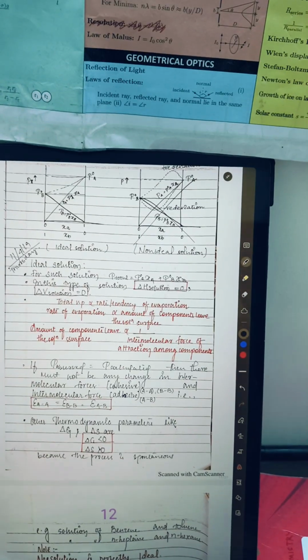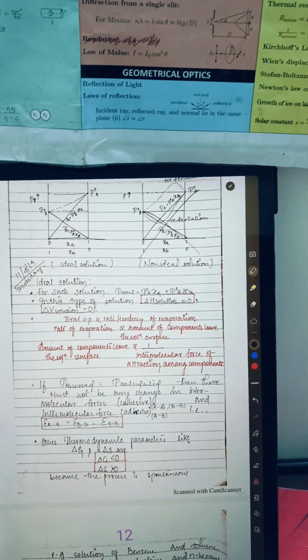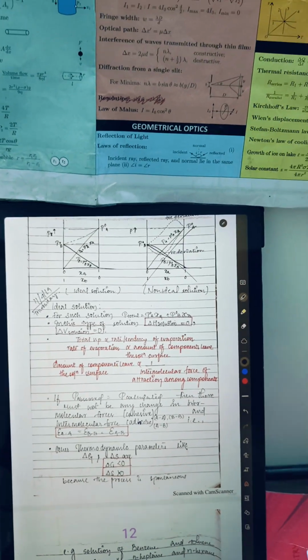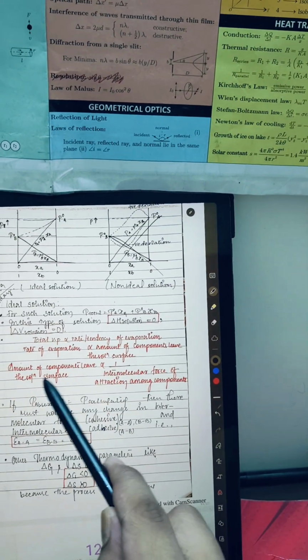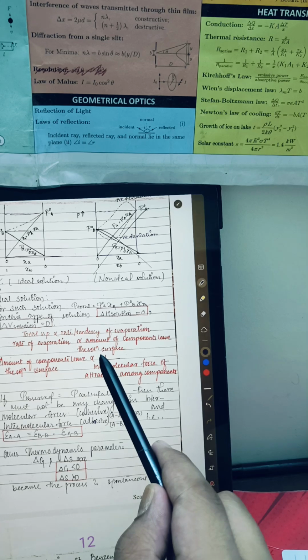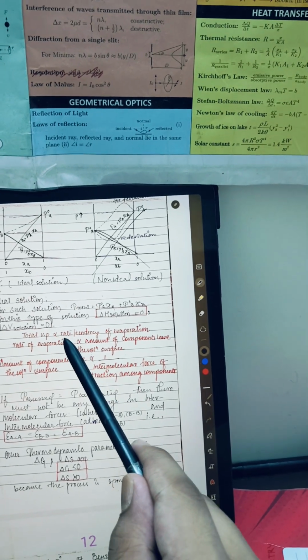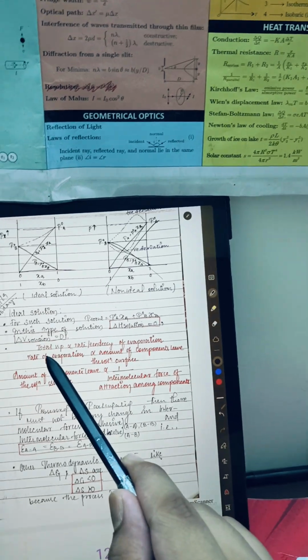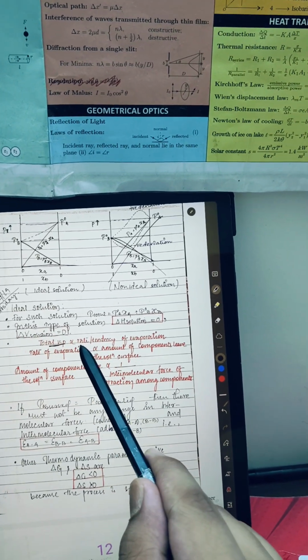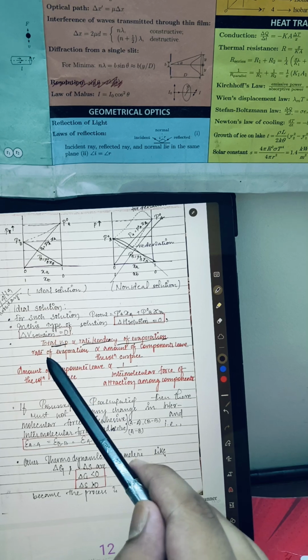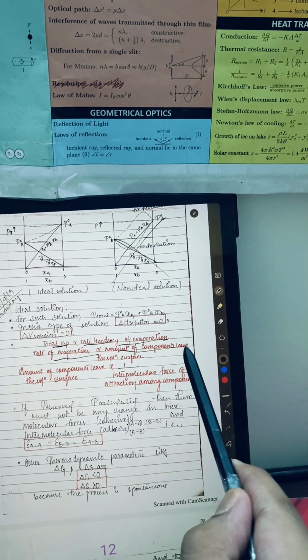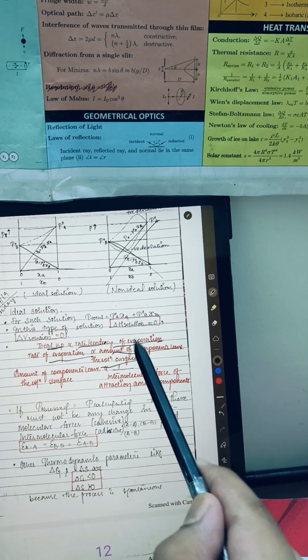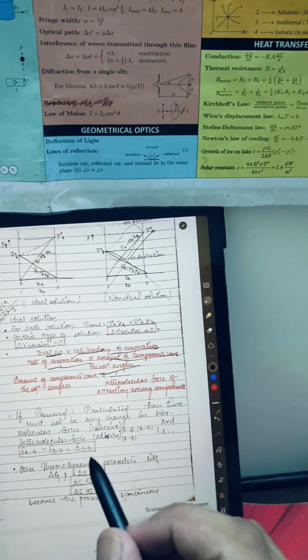Now the amount of components leaving the solution surface is the total evaporation, and it is proportional to the rate or tendency of evaporation. It basically means that total vapor pressure is proportional to the rate of evaporation. Rate of evaporation is the amount of components leaving the solution surface.